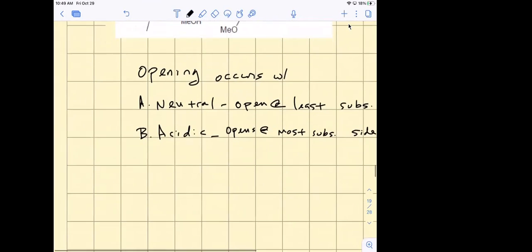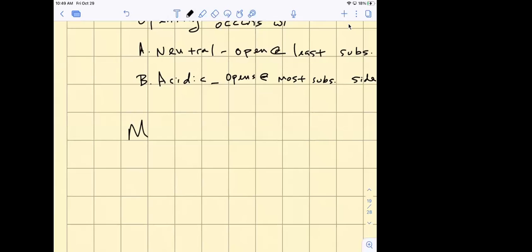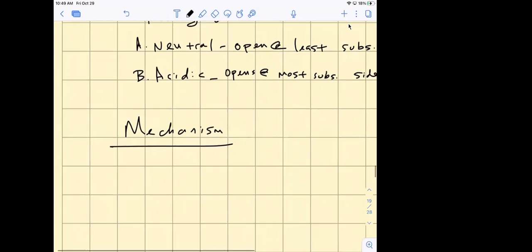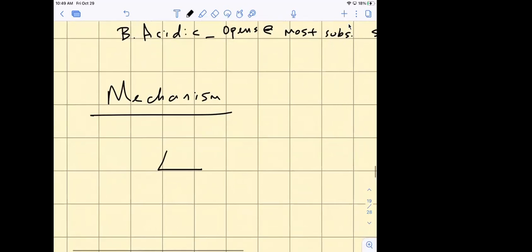All right, so the way this happens, let me just show you real quick, and then we'll stop and pick up on Monday. So here's my epoxide.